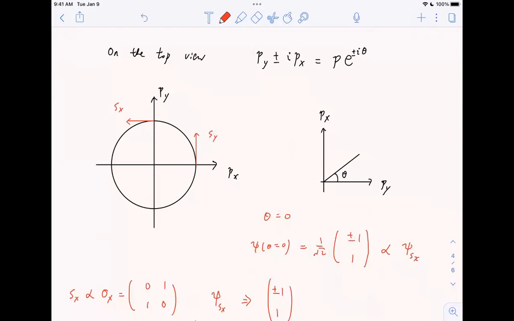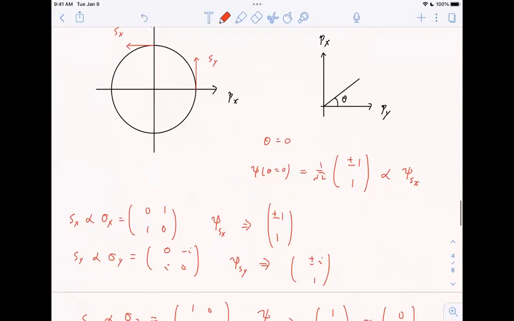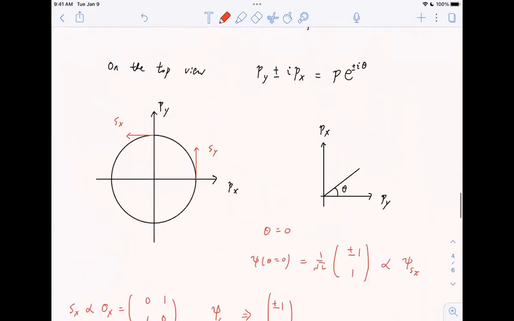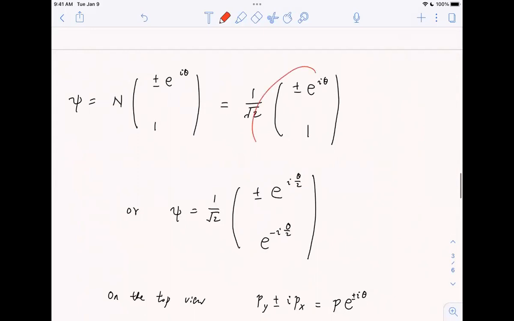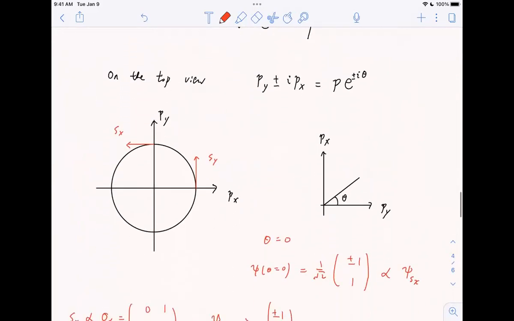Once you see this, you can put in any angle you like, and then you solve for this eigenstate, and you will find that it will be the eigenstate along that perpendicular direction. So eventually, you will get a spin texture like this, because for each direction there will be a set of eigenstates for that particular spin.